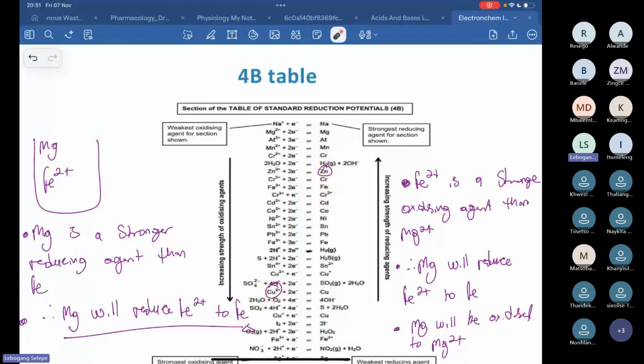Will reduce Cu2 plus to copper. Copper 2 plus is being reduced to copper by Zn, so Zn would be undergoing oxidation. Therefore Zn would be oxidized to Zn2 plus. Then you get your 4 marks.